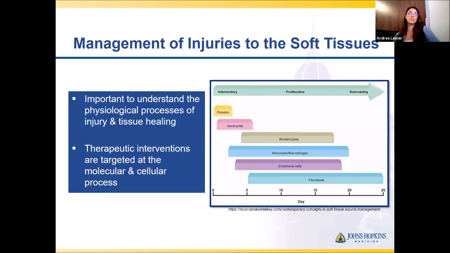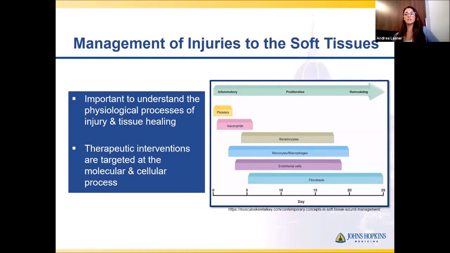Management of injuries to the soft tissue. It is important to remind ourselves of the spectrum of where they might be coming to us during rehabilitation: how soon the injury was, how long the pain has been going on, or how recent the surgery was. So really looking at the phases, right?